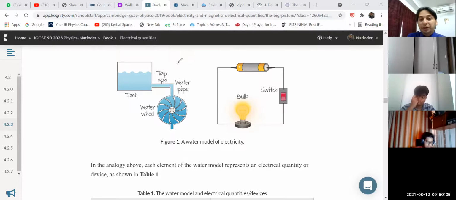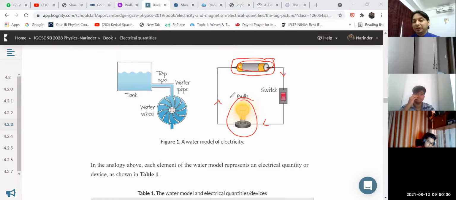And similarly, children, here a battery, a cell, has some energy. It has chemical energy. And when the circuit is complete, that chemical energy enables the electrons to flow in that circuit, and due to the movement of electrons and the conversion of the chemical energy into heat energy, the bulb glows.